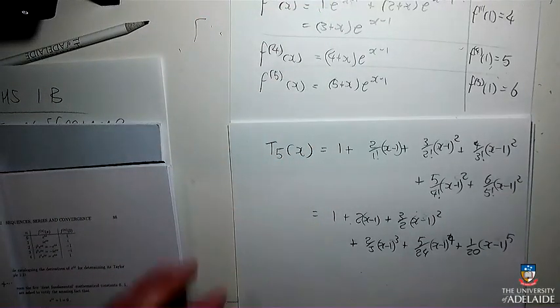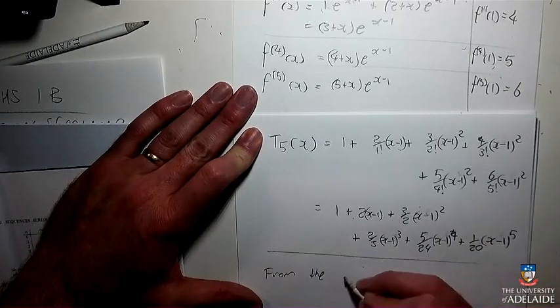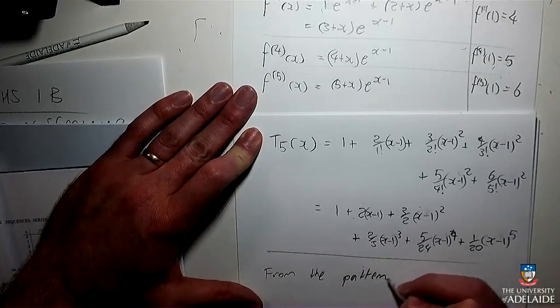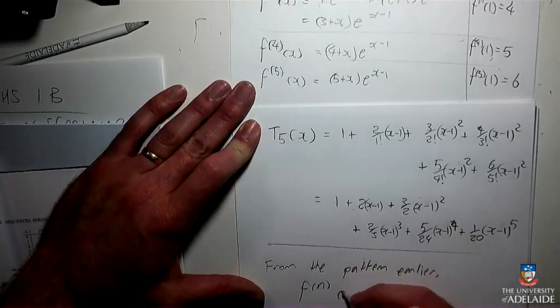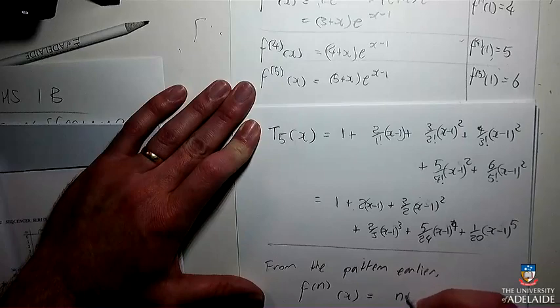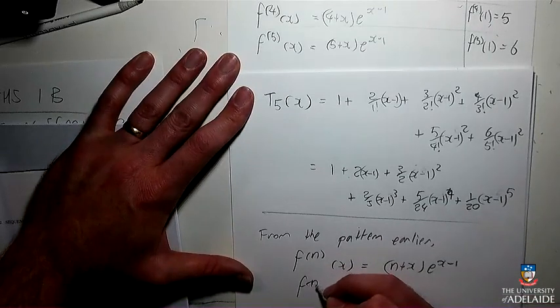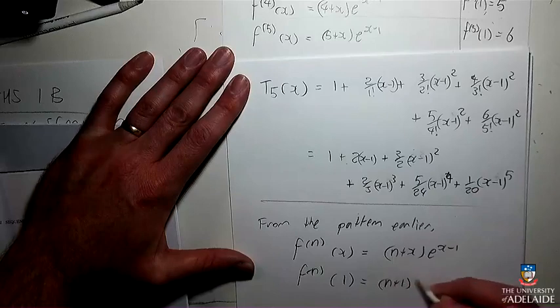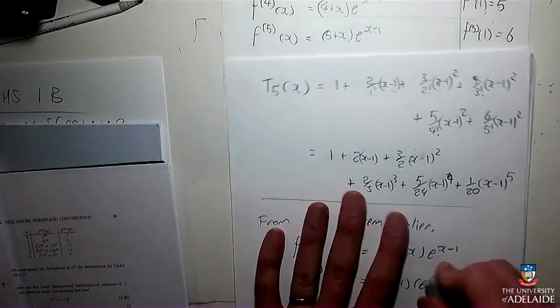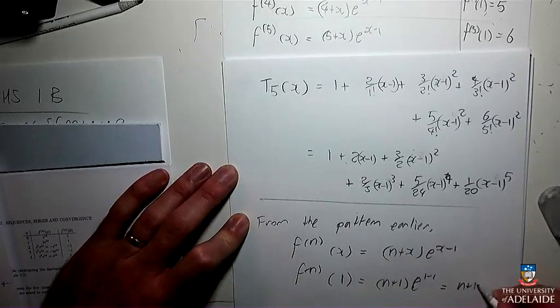I already guessed that the nth derivative was n plus x e to the x take 1, which means that the nth derivative at 1 is n plus 1, e to the 1 take 1, which is just n plus 1.